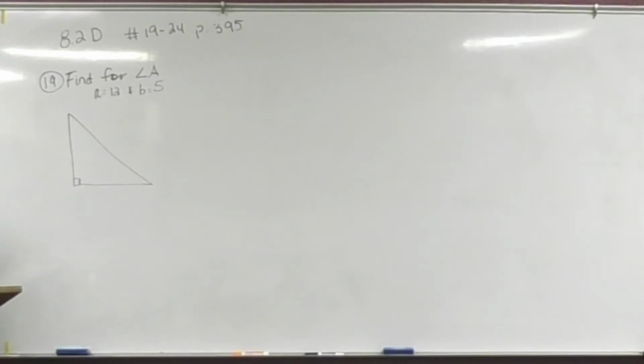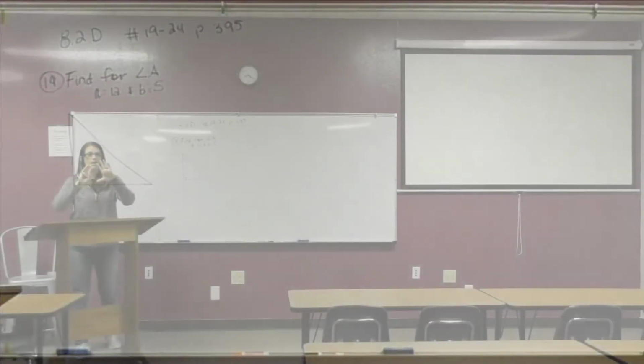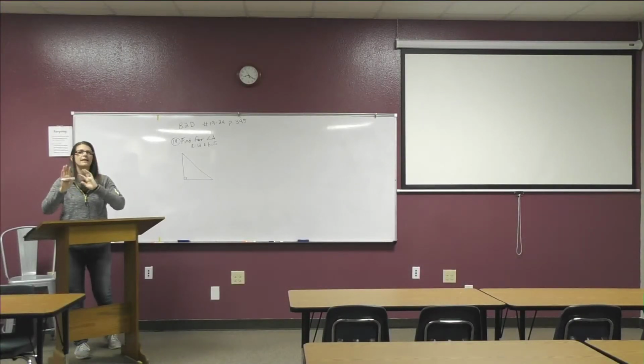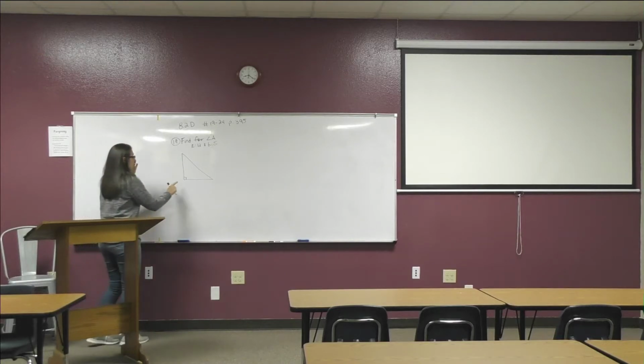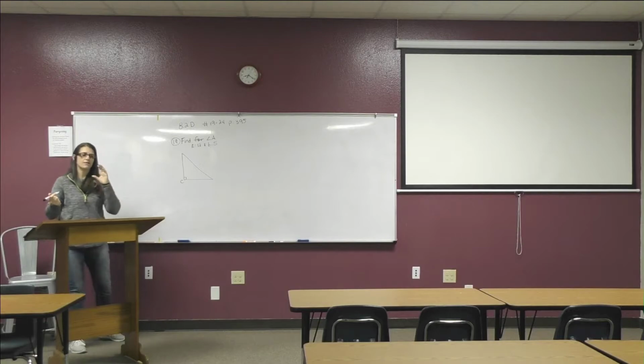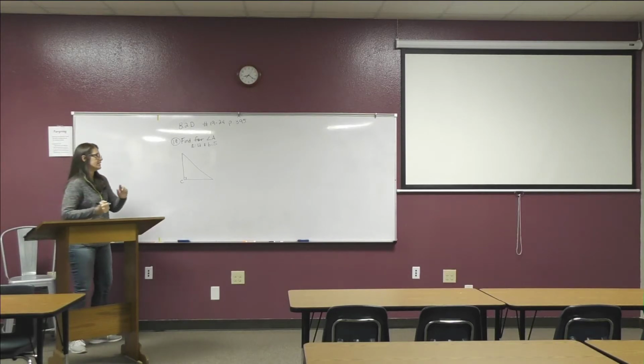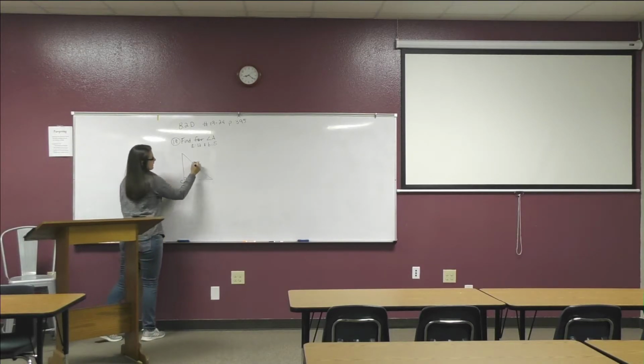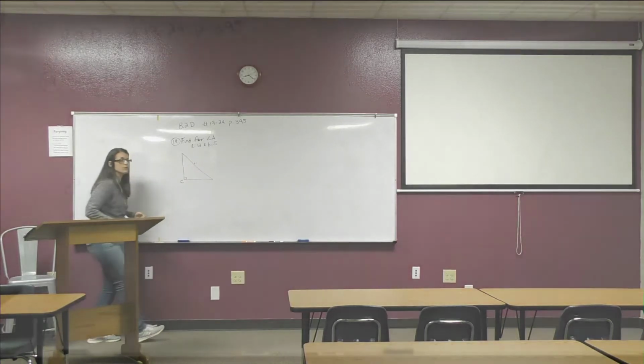Again, I want to see your triangle. I want to see your triangle drawn, and I want to see it properly named, all of your angles and all of your sides. So I know that this is C, that's fixed, okay? That's a fixed angle. The right angle is always C. So I can go ahead and name my hypotenuse with a little c.